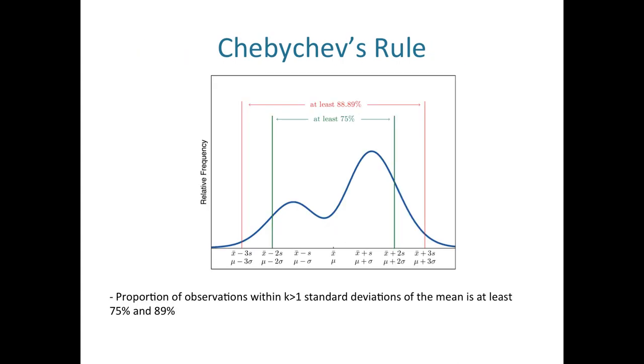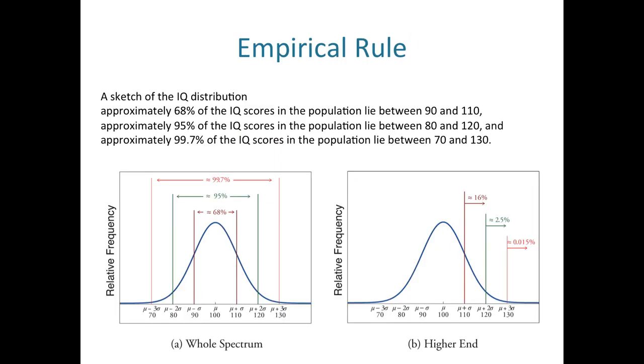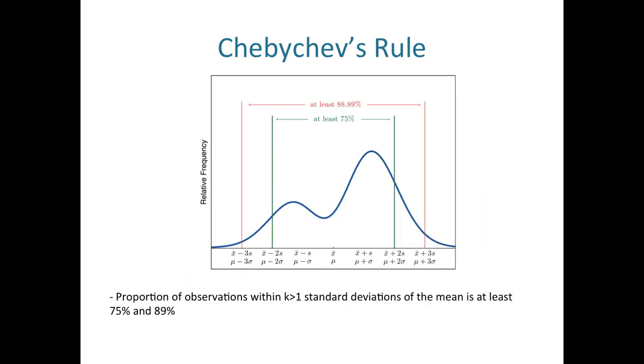When we talk about Gaussian distributions, there are two important rules observed in the data. The first one is Chebyshev's rule, and the second one is the empirical rule. Chebyshev's rule, and this not only applies to Gaussian distributions, says that when we observe different distributions, the proportion of the observations that are within 2 or more standard deviations is at least 75%.